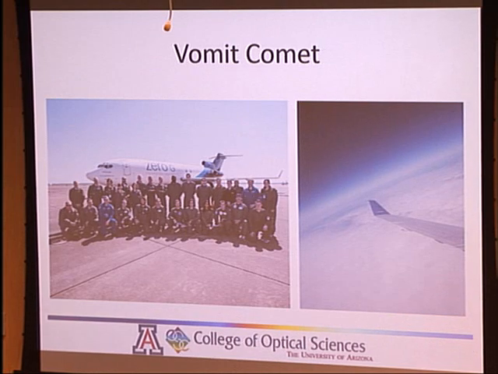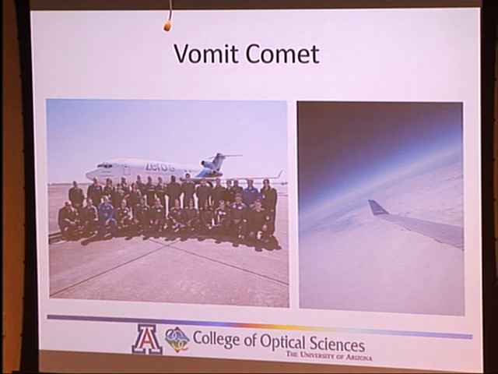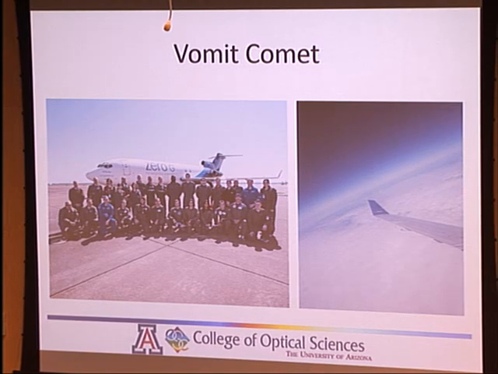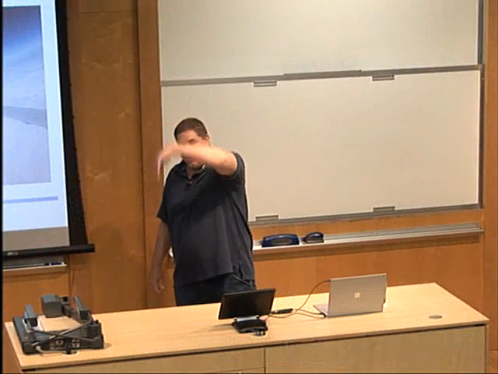One of the big questions with these fluidic lenses is, doesn't gravity distort the shape of the lens and affect its performance? So we decided to check this out, on the thing affectionately known as the Vomit Comet. This is an airplane that goes up and does this type of maneuver for several hours.